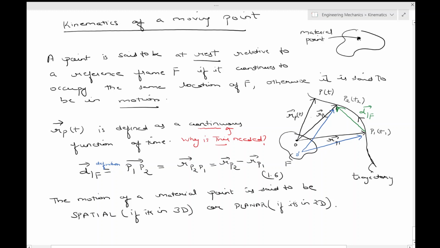And if it's clearly in a straight line, then it is called rectilinear, if it's along a straight line.